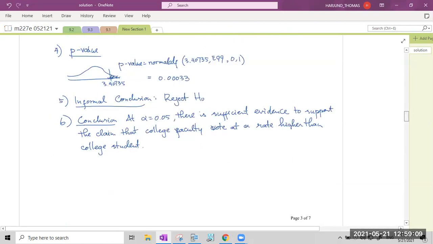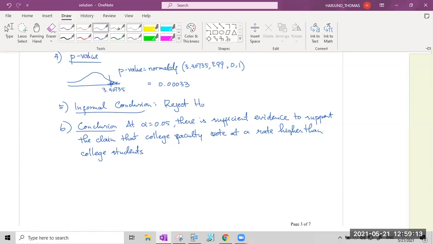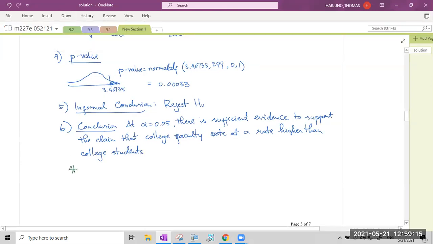Yes. Okay, extra credit, critical value. It's a right tail, and I think alpha is 5%. So critical value is inverse norm.